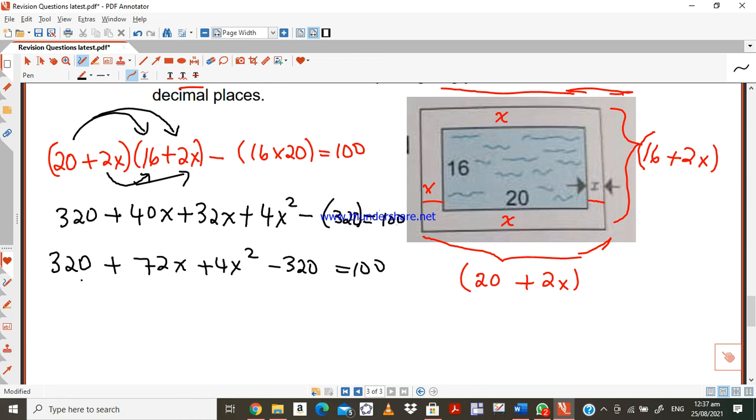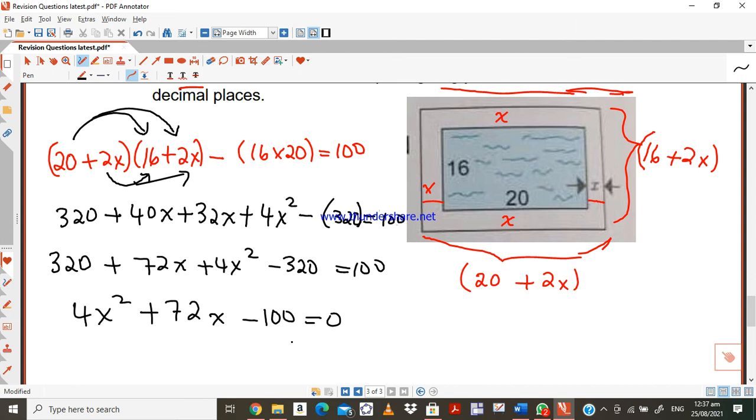So again, my 320s, they cancel. Eventually, I should be left with 4x squared plus 72x minus 100 equals 0. That is if I bring that over.